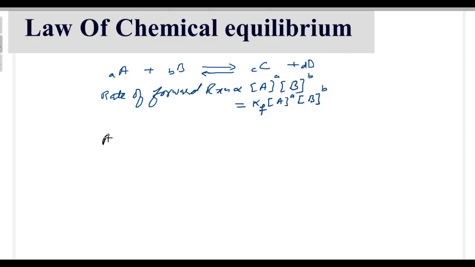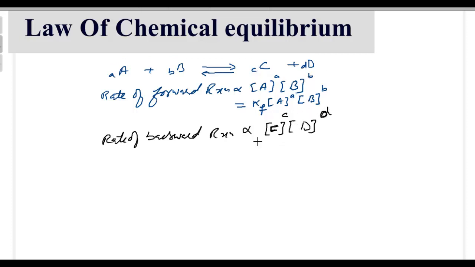The rate of the backward reaction depends on the concentration of C and D, each term raised to the power equal to their coefficients, c and d here.